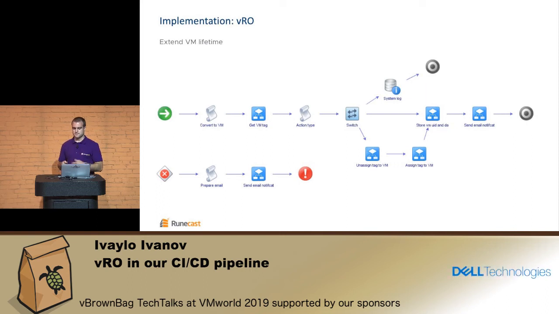Otherwise, we would first convert the virtual machines based on the ID which was provided. We will convert them to actual VC virtual machine objects which we can take actions on. We will get the VM tag, and we will calculate whether and what action is required.